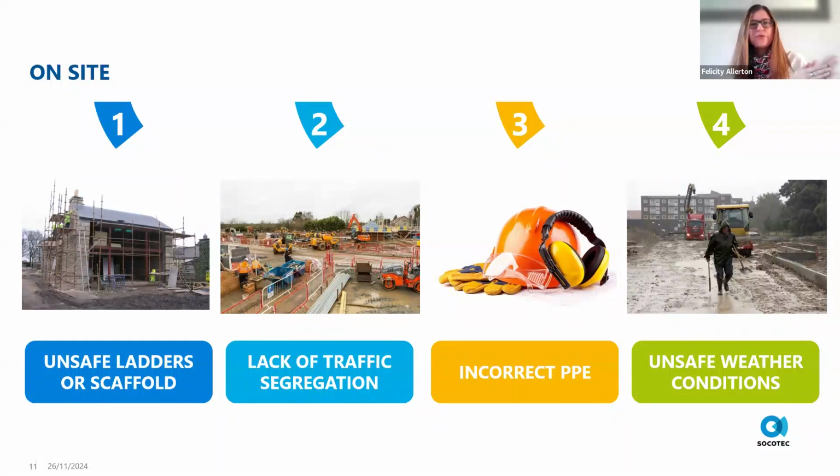All it takes is for someone to be going through the site, they want to get home, they're not looking properly, perhaps somebody hasn't got high vis on. That can be a really serious thing. Don't go across the site unless you're happy that the traffic segregation is not only in place but being controlled. So that's an important one.